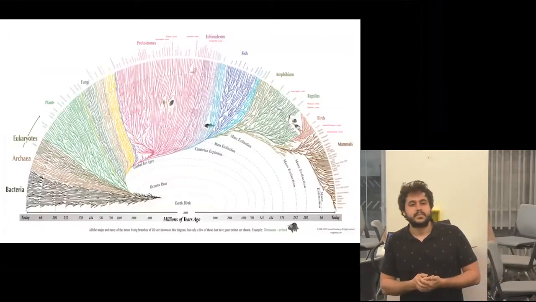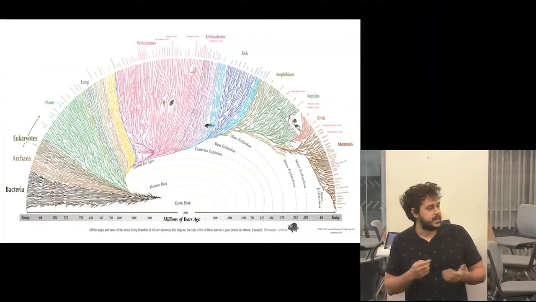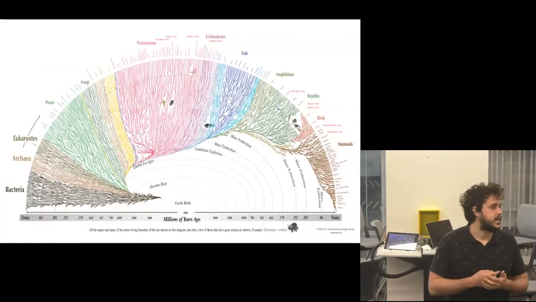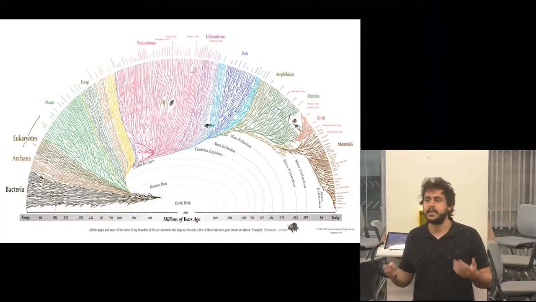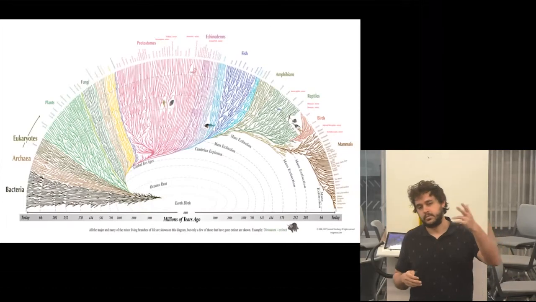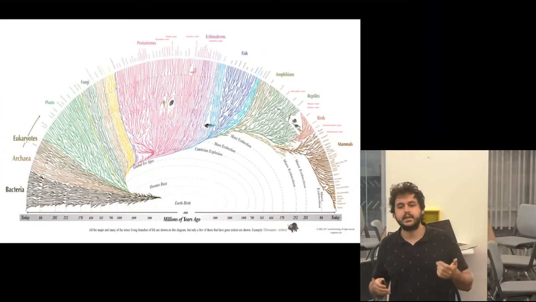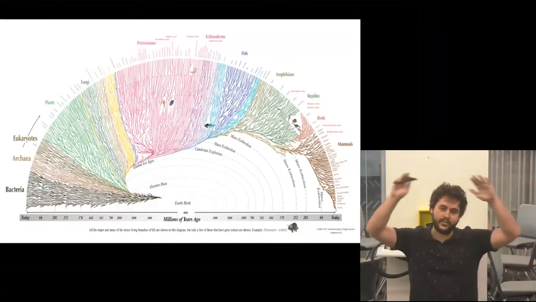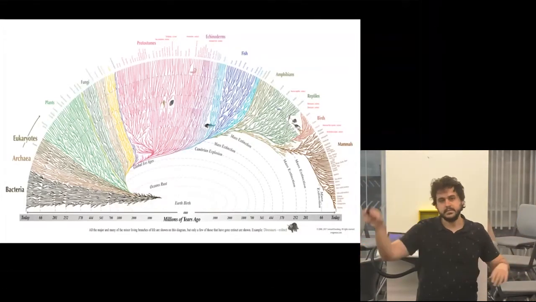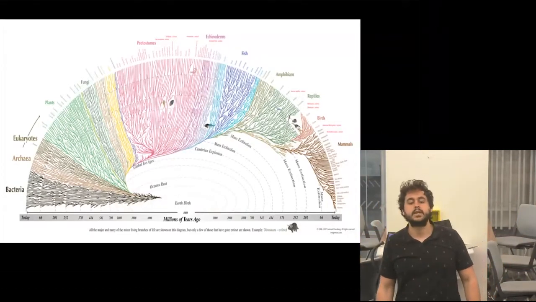The first thing one perhaps thinks when they hear hierarchical clustering has to do with phylogenetics. It's one of the early applications of hierarchical clustering, and here is what people call the tree of life, where we have different organisms at the periphery of this kind of circle.